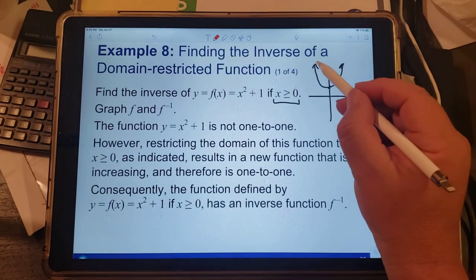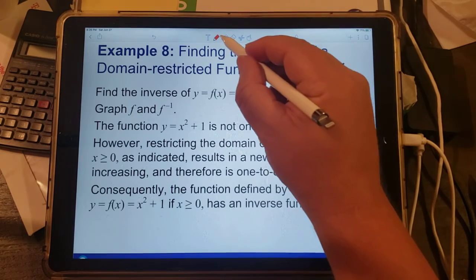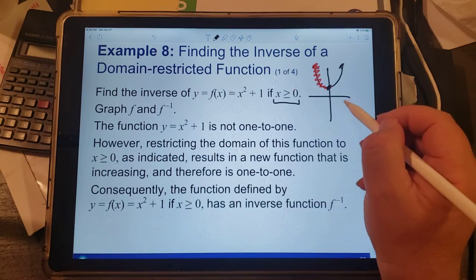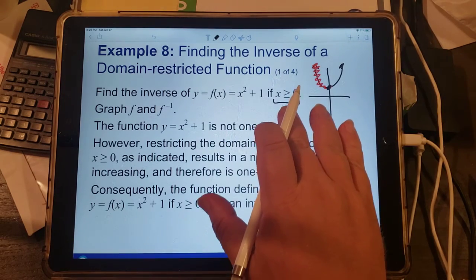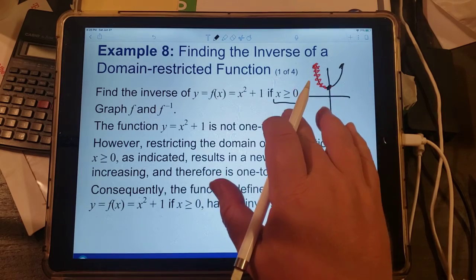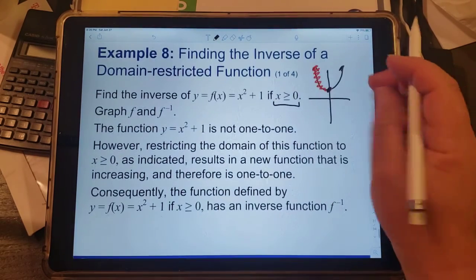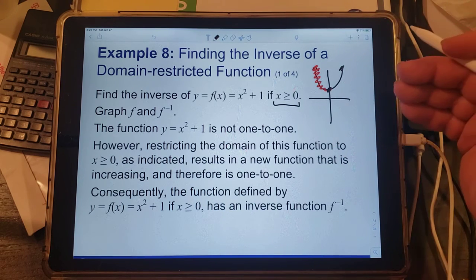We're going to get rid of this and just start the function at 0. And yes, you can do that. You can say, I'm going to restrict the domain. And if you restrict the domain, suddenly this thing that failed the vertical line test is just this little piece that passes the vertical line test.